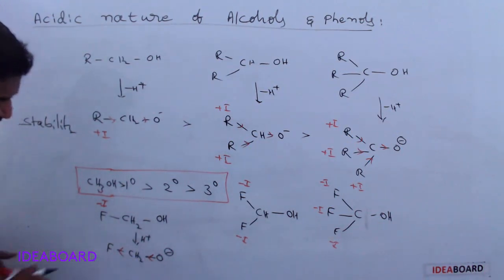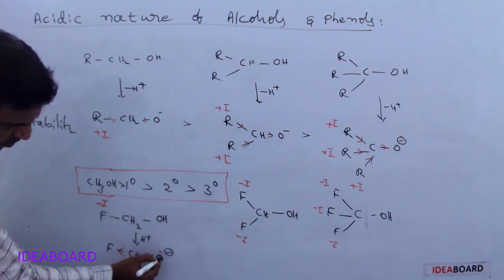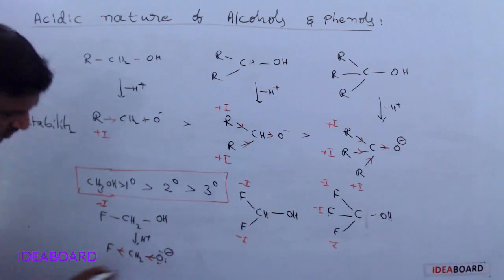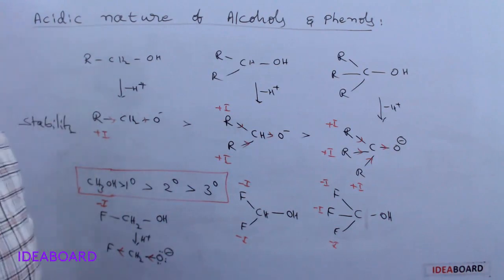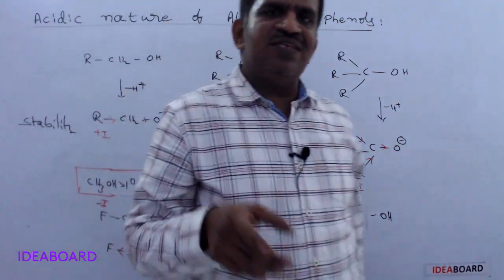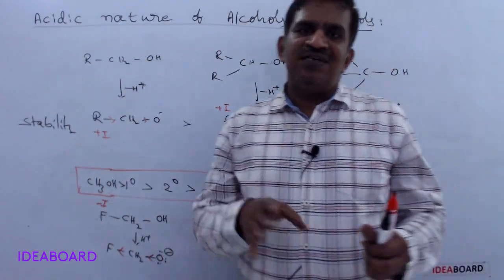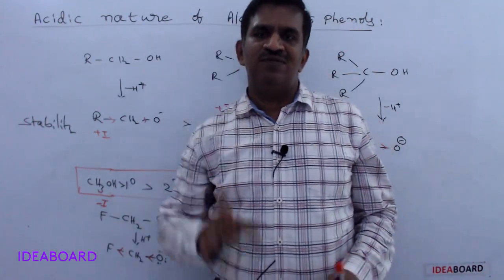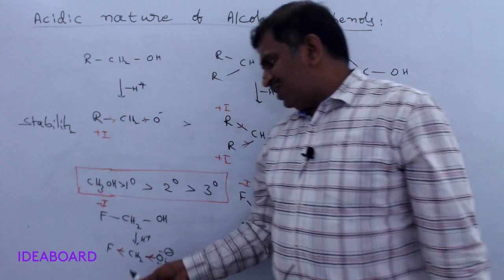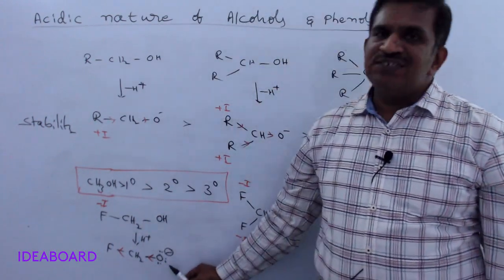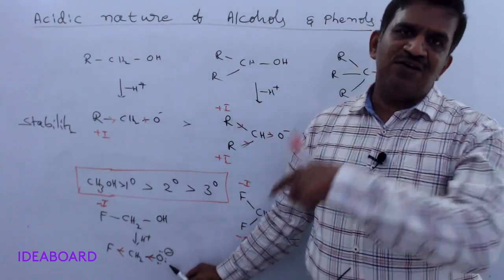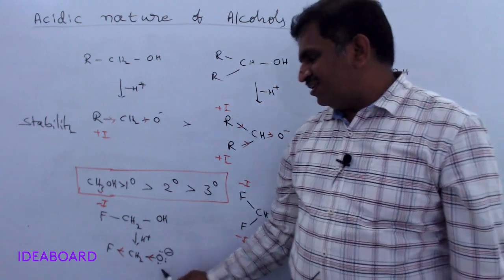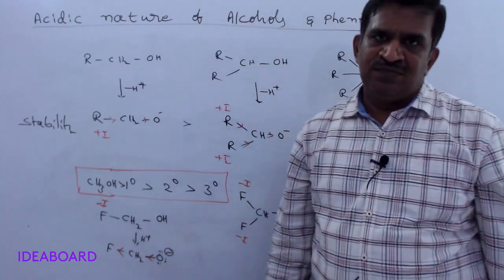Whenever the electrons move towards fluorine, the electron density on the oxygen atom decreases. When the electron density decreases and spreads throughout the molecule, the ion becomes more stable. So the electron density on the oxygen of the alkoxide is decreasing because of the minus I group.